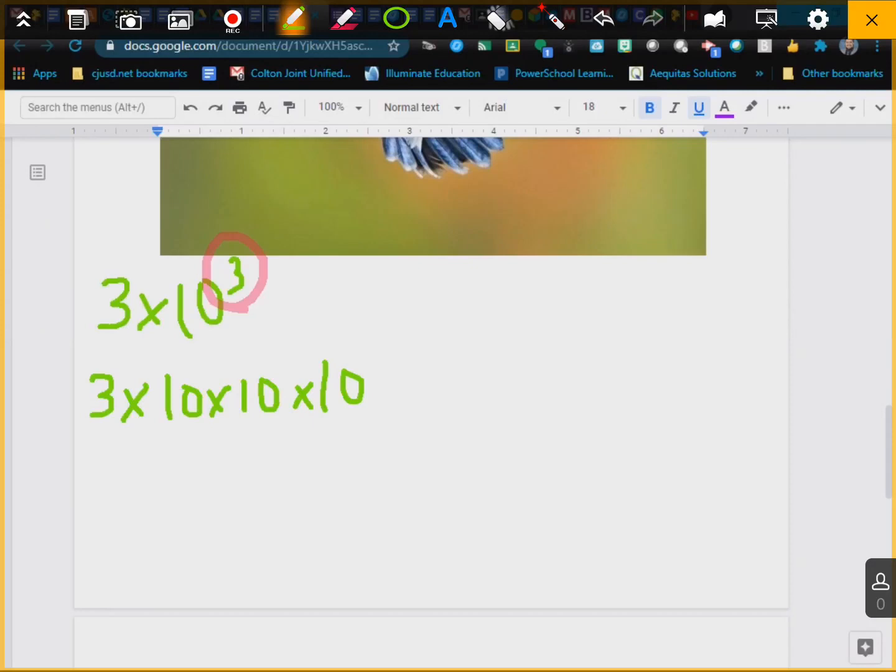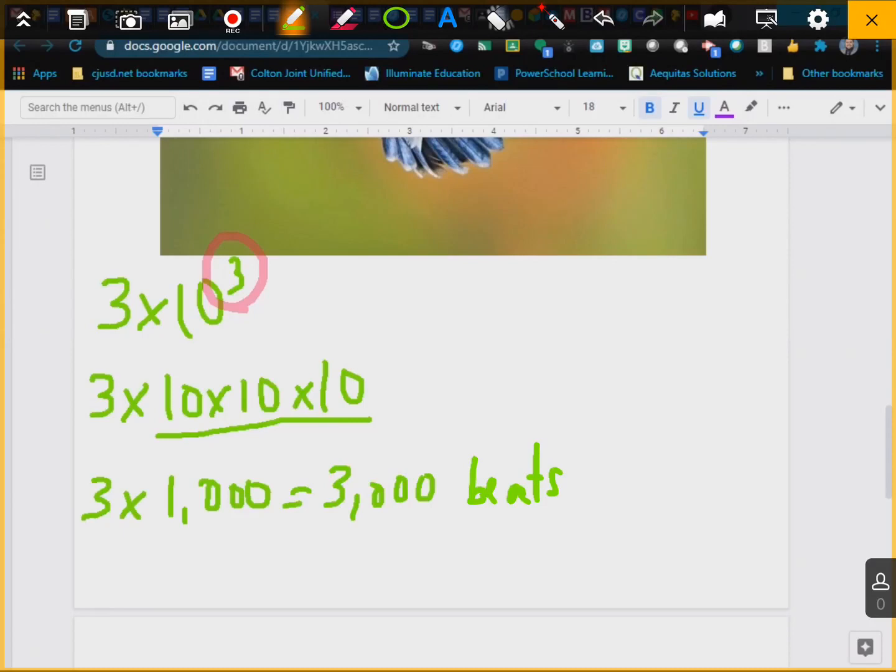Now, I know that there's 3 zeros in there, so it's going to be the same as 3 times 1,000. And 3 times 1,000 is 3,000. So a hummingbird flaps its wings 3,000 times per minute.